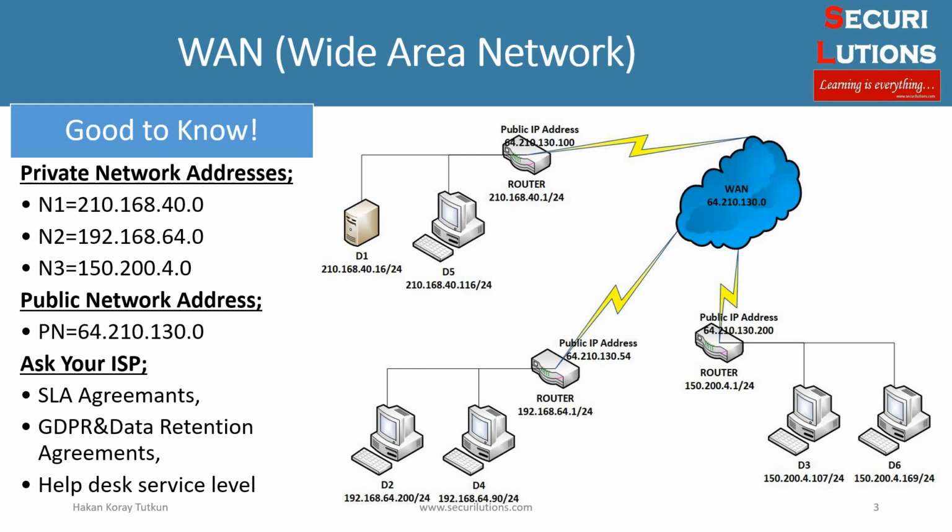If you want to connect any other devices from other LANs like device 3 to N1 LAN, device 3 PC will not communicate with other connected devices because device 3 IP address is 150.200.4.107 and network address is 150.200.4.0. But N1 network address is 210.168.40.0. They are different from each other.